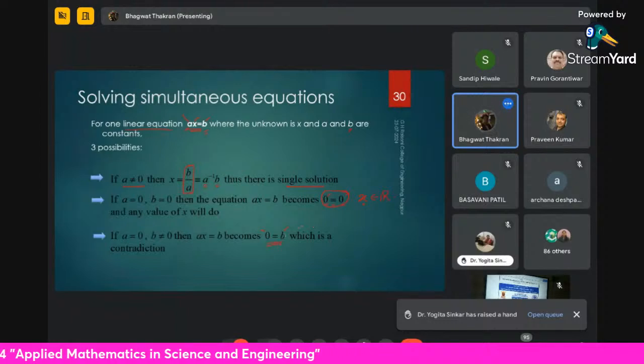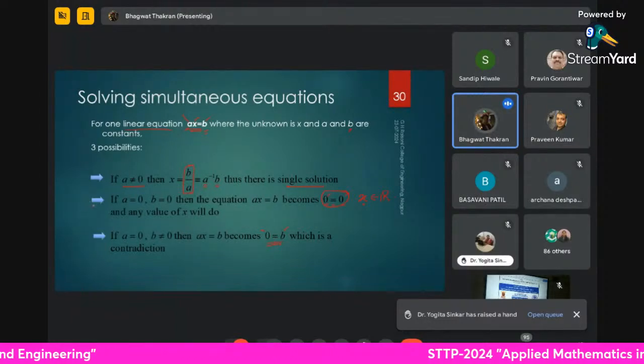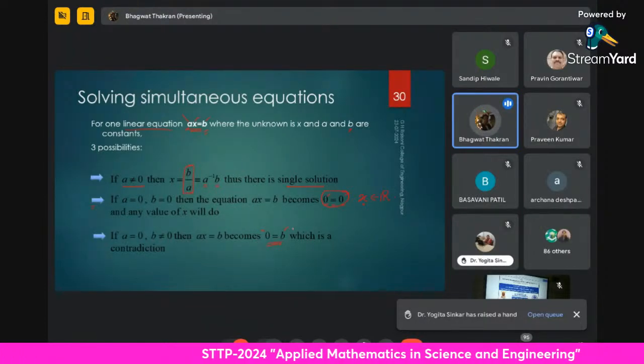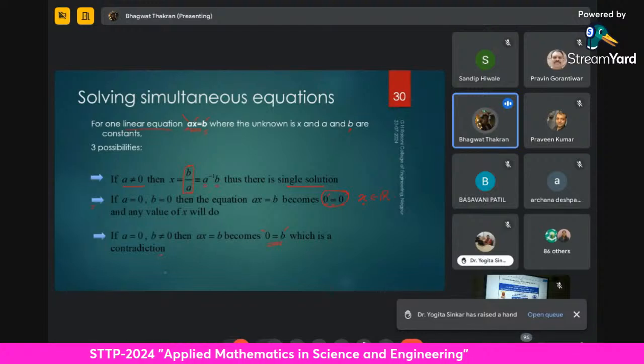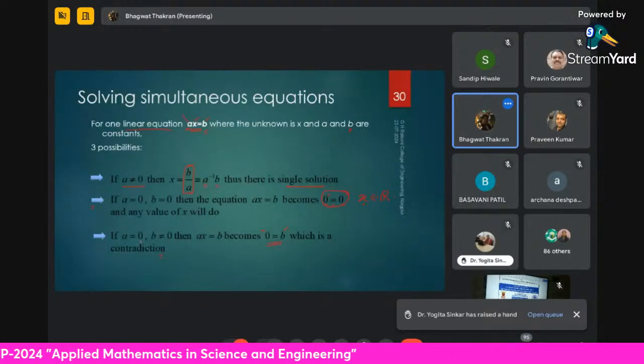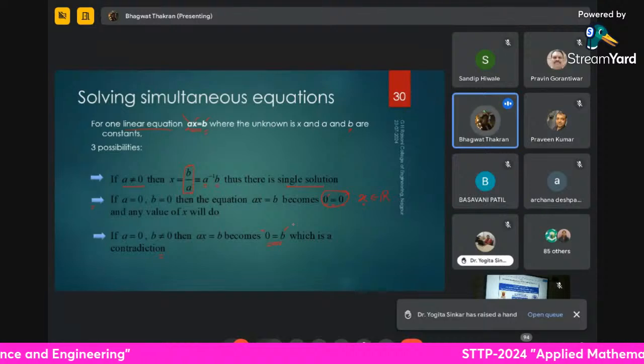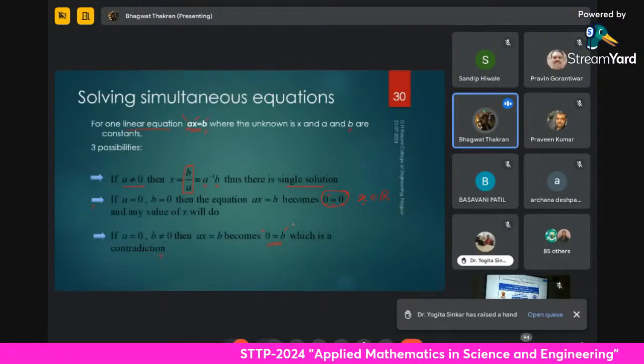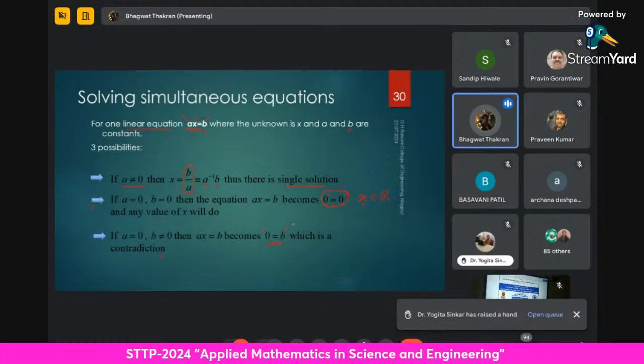If B becomes 0, then I have the second situation of infinite solutions. But if B is not equal to 0, then it is a contradiction. That means it will not have any solution. So determinants are used to solve systems of equations.